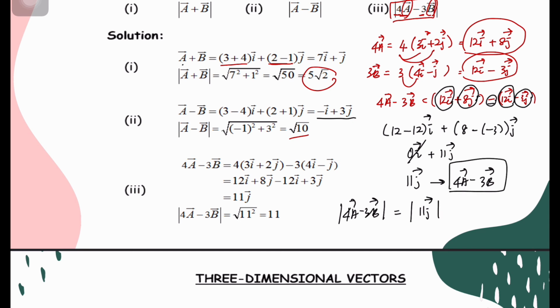When we substitute inside the formula, you can see that there is no x here because i is equal to 0. So you have 0 squared plus y squared, so 11 squared, which is 121. The square root of 121 is equal to 11. So this is the magnitude of 4a minus 3b.